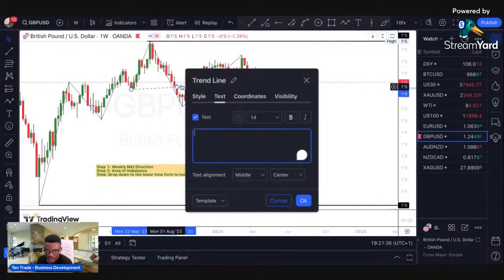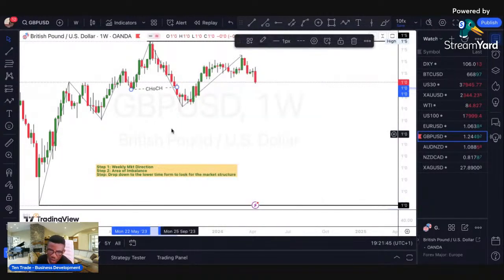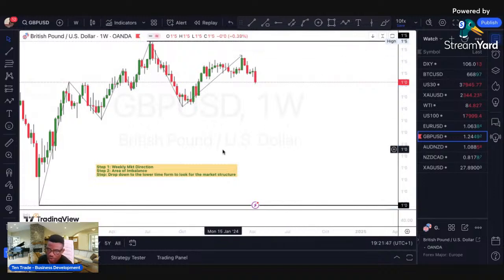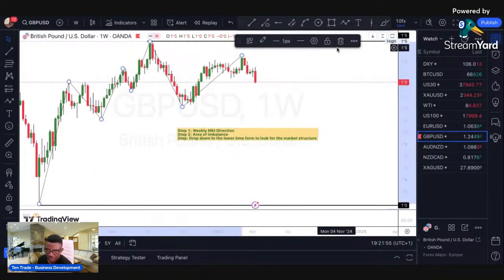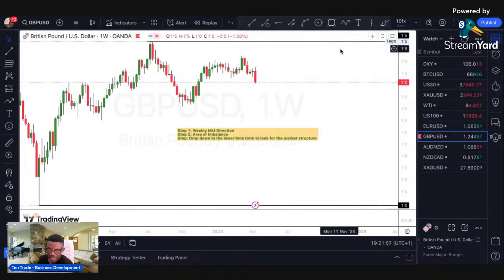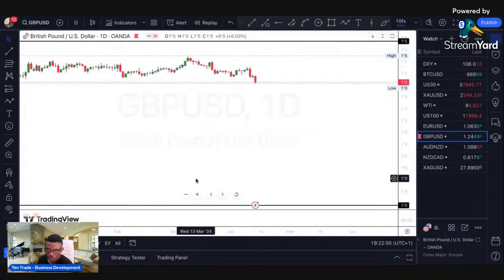This area here is called a change of character. So we normally write CHOCH here on the weekly time frame, but we don't need this now, so I'll take it out. But just to show you that there was a change of character, we are now bearish on the weekly time frame. So if we are bearish on the weekly time frame, our attention is sell. So we go to the daily time frame to see what's happening.